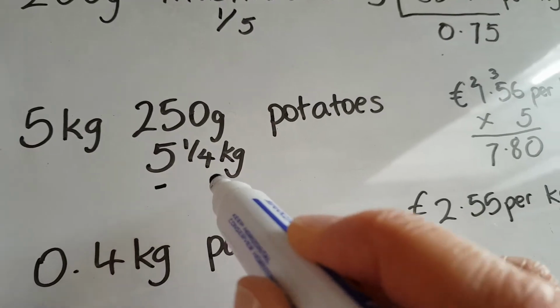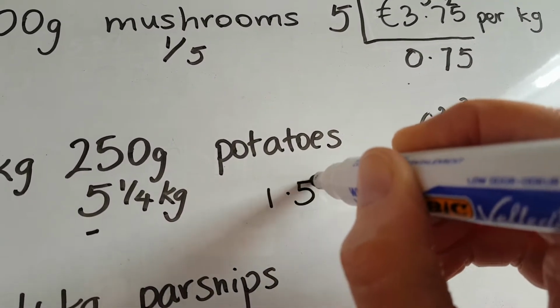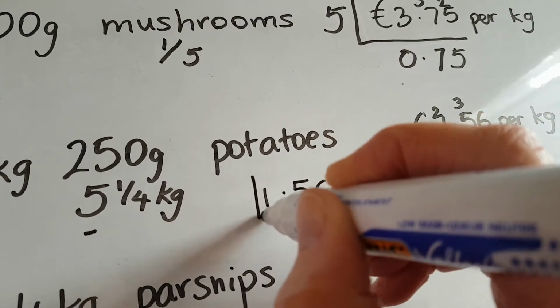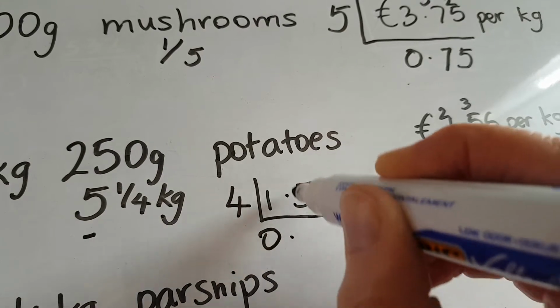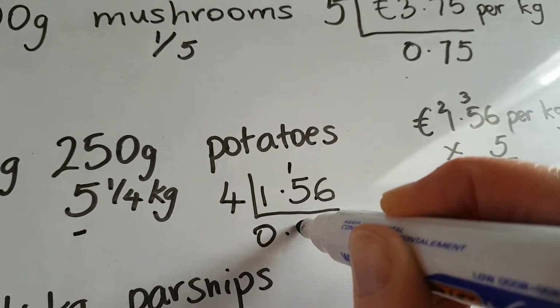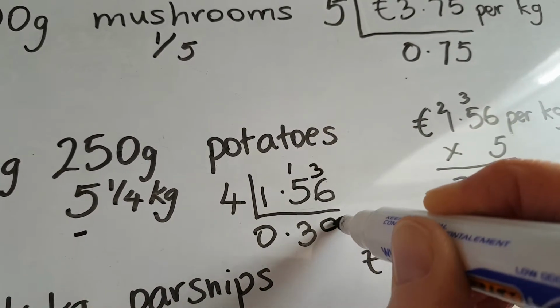But there was also a 1/4 kilogram. How to find a 1/4? Well, I divide by 4. So 156 was the price of each kilo, divided by 4. 4 into 1 won't go, carry the 1. 4 into 15, 3 4s are 12. 4 into 36 goes 9.